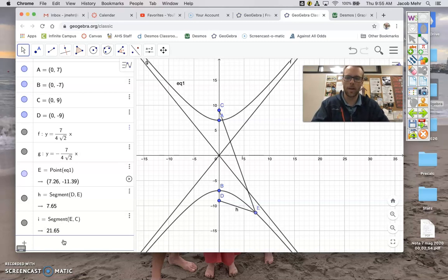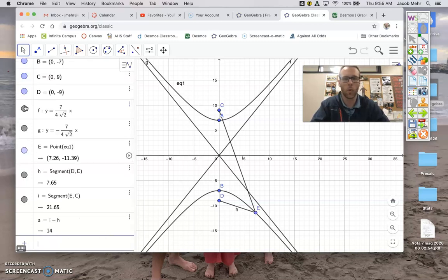And what I'm going to do right now is I'm going to take the one distance I and subtract the other distance, which is h. So I'm taking the long one minus the short one, and I get 14. And notice, wherever I am on the hyperbola, the difference between those two distances is always 14.